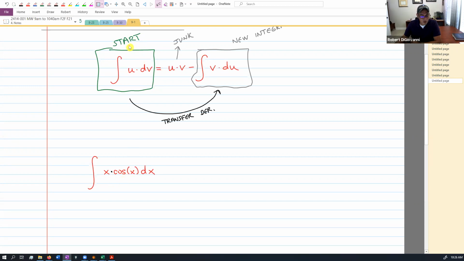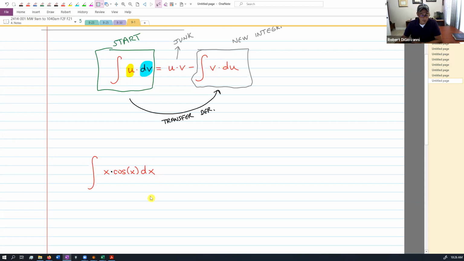So this is my starting point. What I need to do is figure out what's my u and what's my dv. One of these, either the x or the cosine x, is going to have to be the u, and the other is going to have to be the derivative of some other function v. In the new integral, I will be working with the derivative of u and the antiderivative of that thing that was over here.